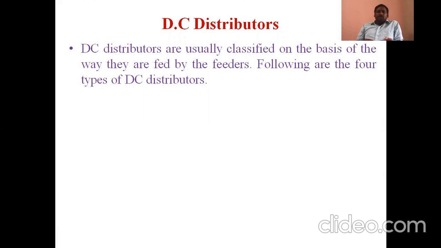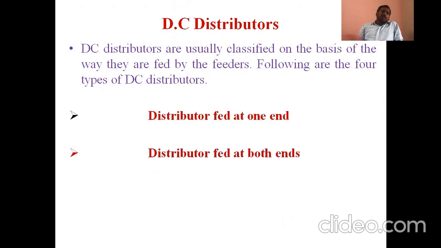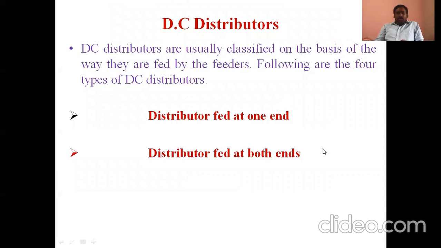Not only that, depending upon the type of loads connected to the distributors, DC distributors can be classified as: first, distributor fed at one end; second, distributor fed at both ends; third, distributor fed at center.